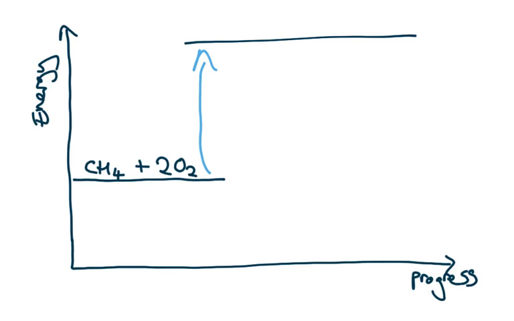And what's happening up here is I actually have all of the separate atoms. So I'm going to have 1 carbon atom plus 4 hydrogen atoms. Notice it's not H2 because they're separate atoms, plus 4 oxygen atoms. I now need to think about the energy coming out. The energy is going to come out when the new bonds form.